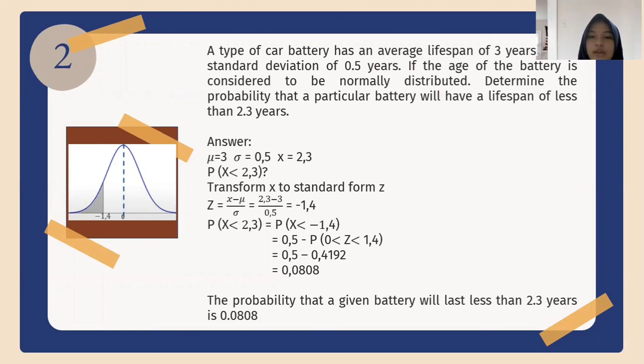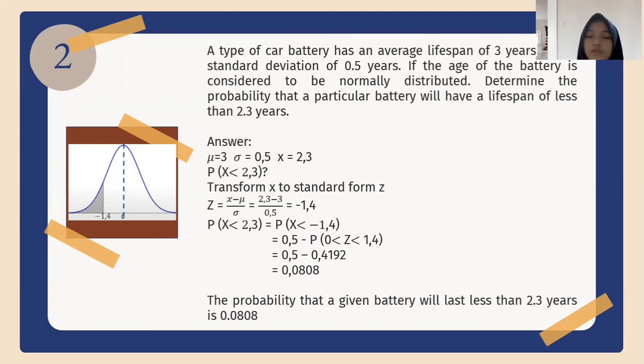So we transform x to standard form z. We use the formula z equals x minus mu, divided by the standard deviation. So we get the result minus 1.4. So the probability x smaller than 2.3 is 0.0808.